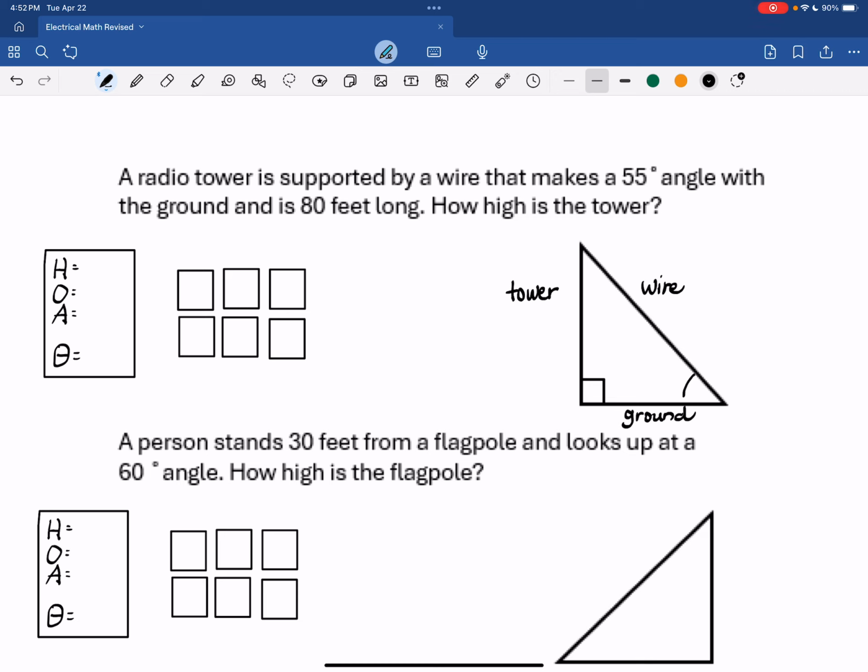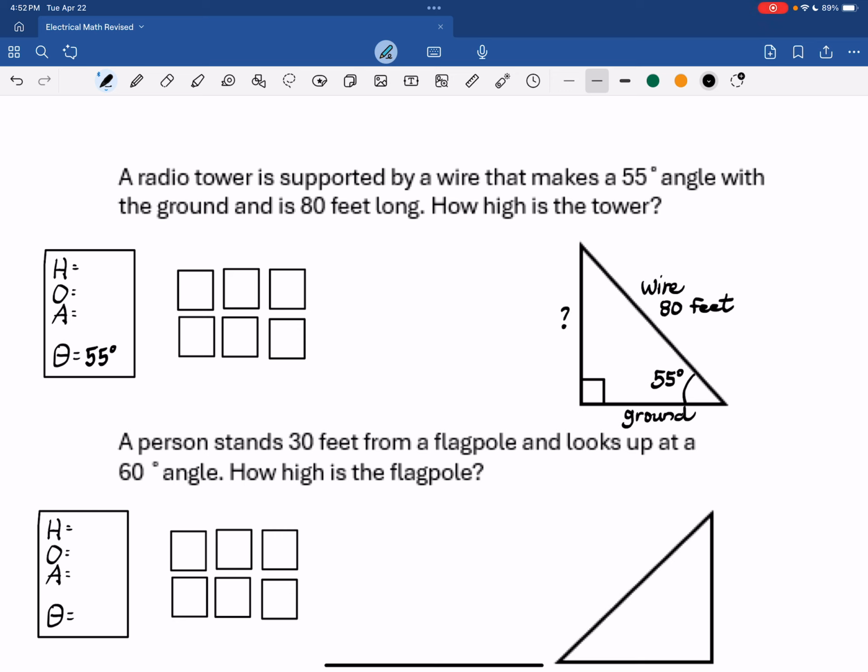Okay, theta is going to be right here, and in this case, theta is 55 degrees. So theta is given. We know that the wire is 80 feet long, and they want us to find the height of the tower. So we're looking for this dimension.